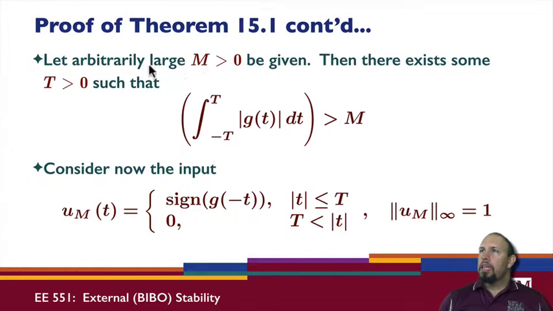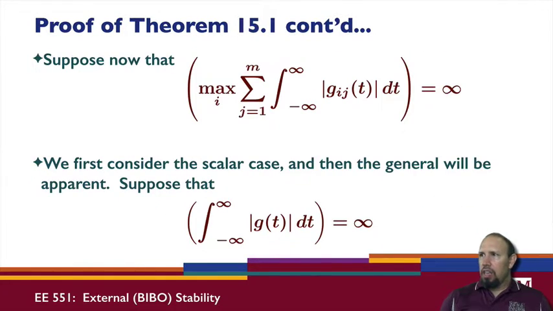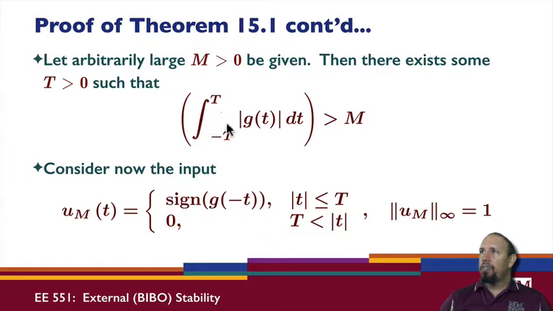So we now choose an arbitrarily large M. That means there exists some value of t such that this integral is greater than M. It has to be, otherwise the limits from minus infinity to infinity, which are larger, wouldn't give you infinity. So I can always find t such that the integral gives you an arbitrarily large value.